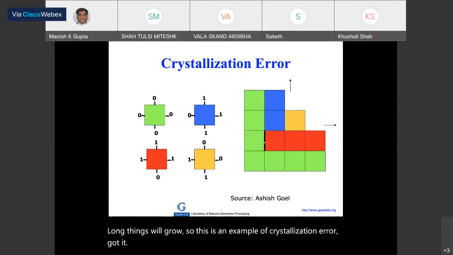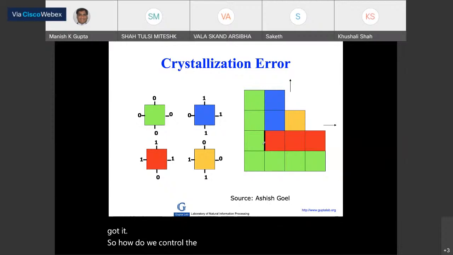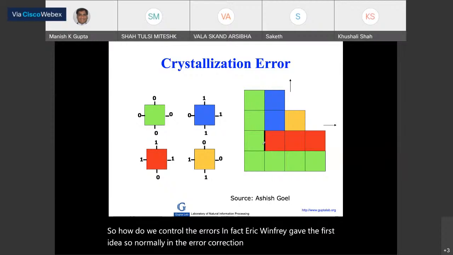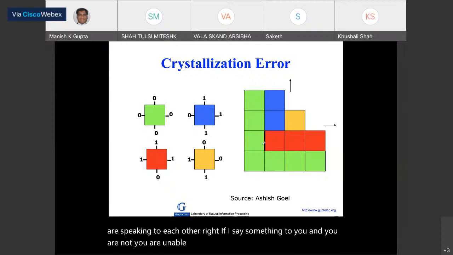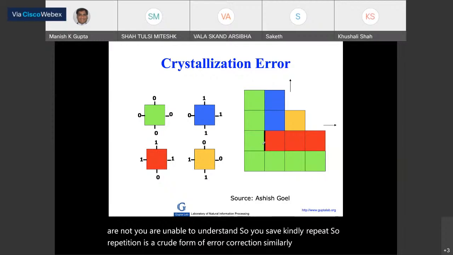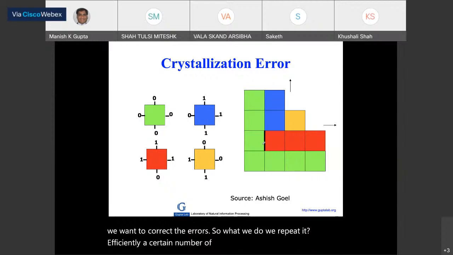So how do we control the errors? In fact, Eric Winfree gave the first idea. So normally in error correction, suppose we are speaking to each other, right? If I say something to you and you are unable to understand, you will say kindly repeat. So repetition is the crude form of error correction. Similarly, normally in our communication systems or information storage systems, if we want to correct the errors, we repeat efficiently a certain number of times so that we can correct the errors.